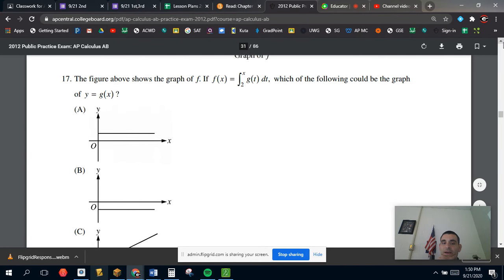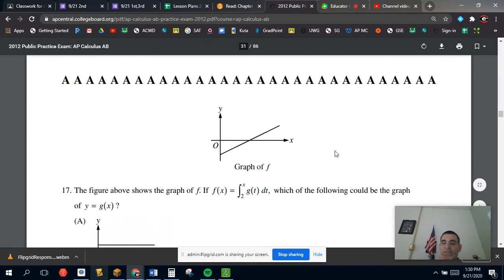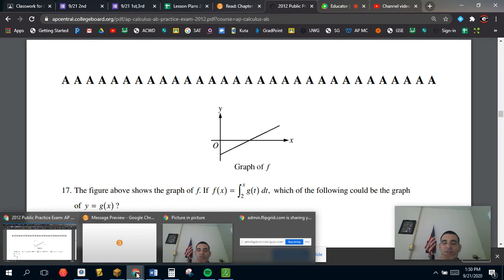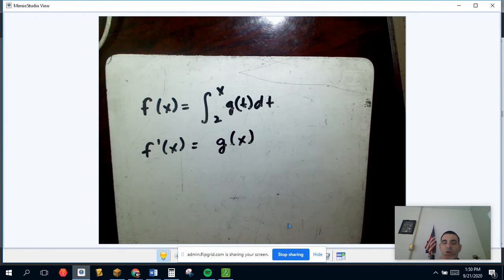This is a linear function. This is f. So our claim is g of x is equivalent to f prime of x, the derivative of f of x. Remember, with the fundamental theorem of calculus, it doesn't really matter where you start.